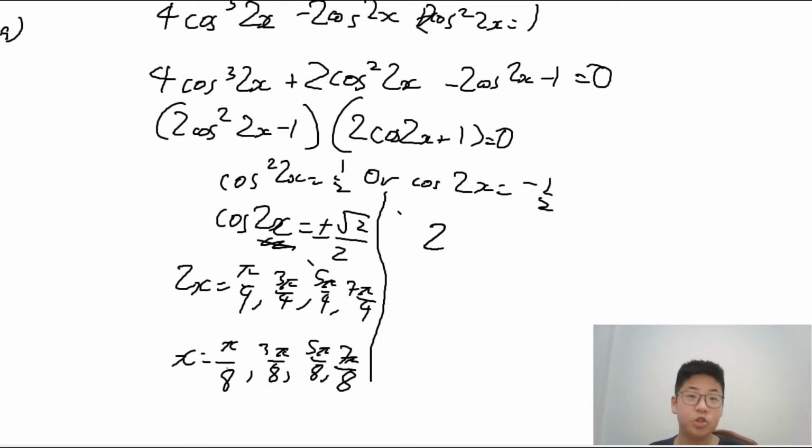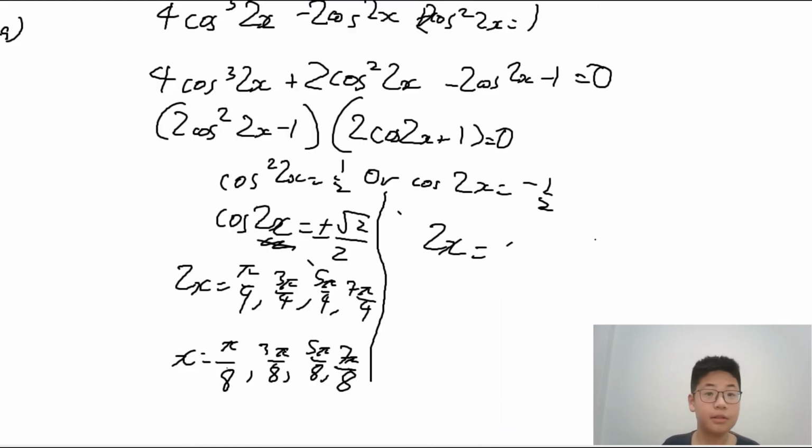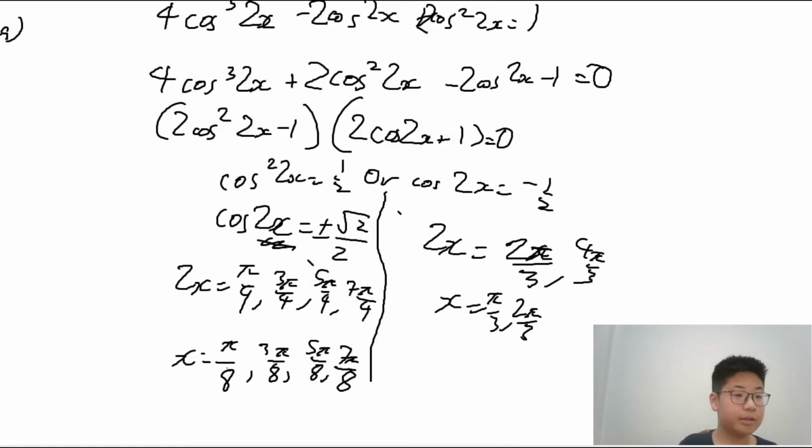On the other side, we can directly calculate this, giving us 2 pi over 3 and 4 pi over 3, giving x equals pi over 3, 2 pi over 3. Then we are done with this working.